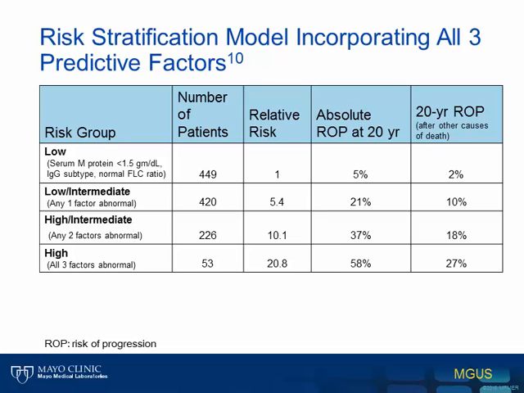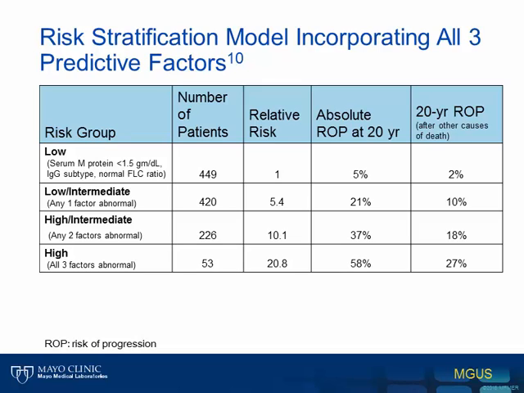This group represents approximately 40% of all newly diagnosed MGUS patients, and you can see that their 20-year risk is 2%. That is, if you are 70 years old, have MGUS, and live to 90, there is only a 2% chance of progression to myeloma.